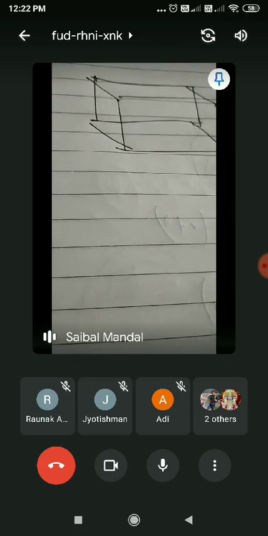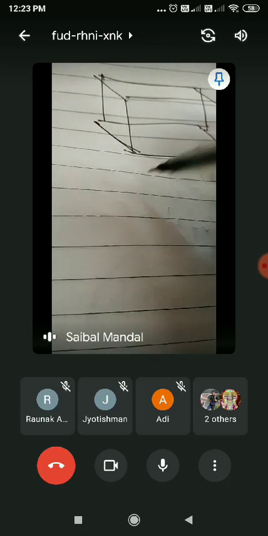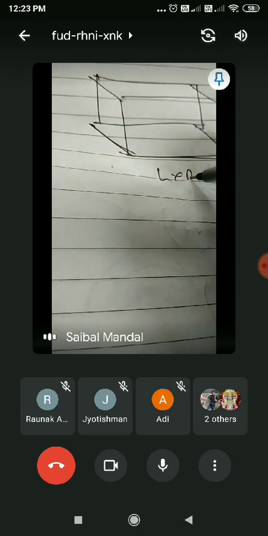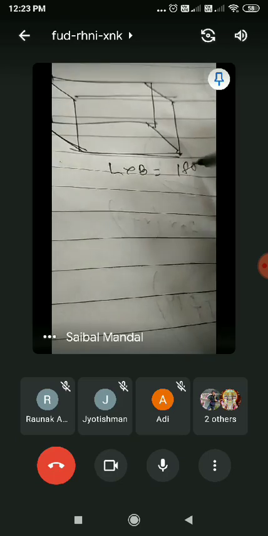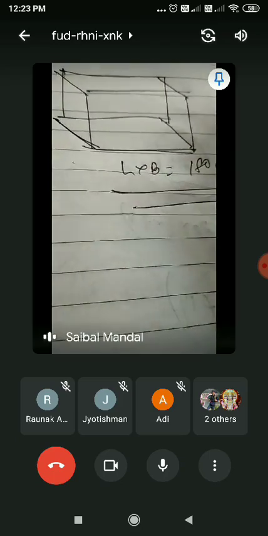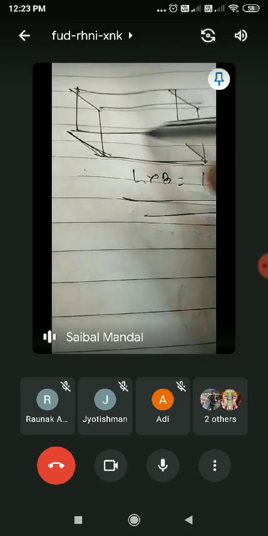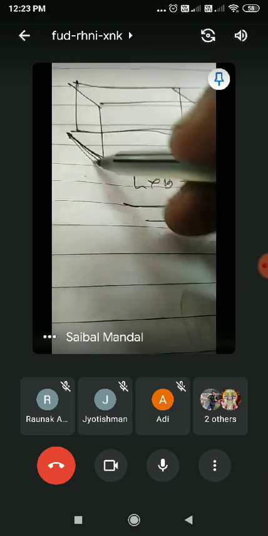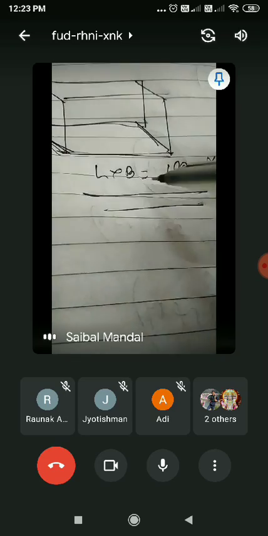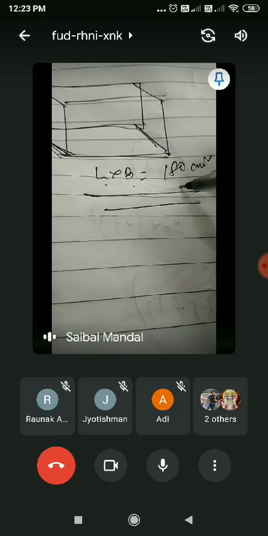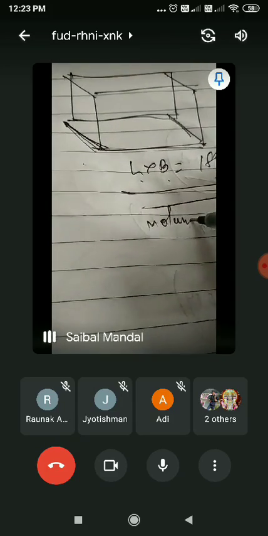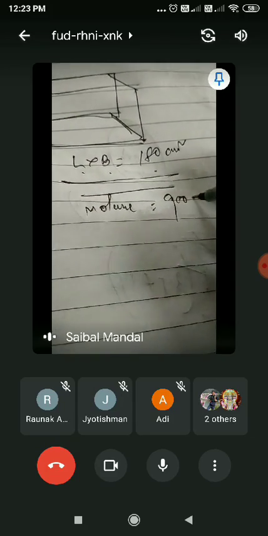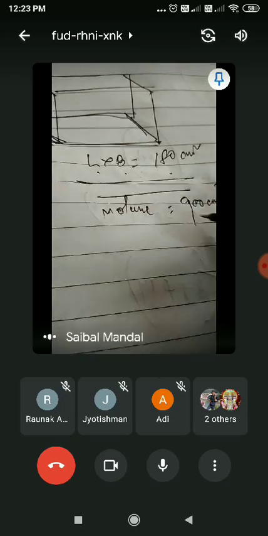Base area means length into breadth product is 180 centimeter square. It's already given. Base looks like a rectangular shape. And the volume of this cuboid is already given, that is 900 centimeter cube.